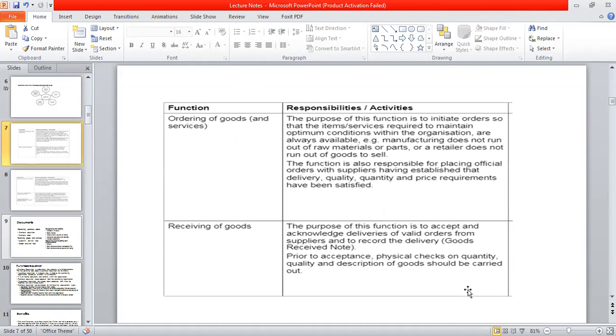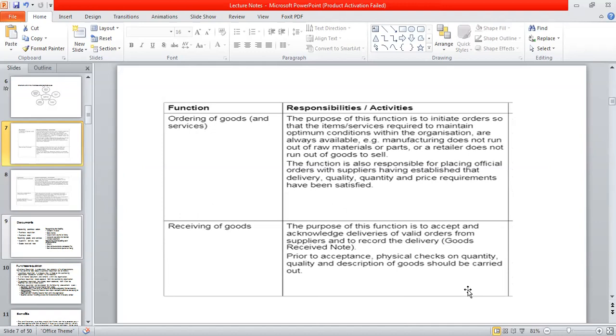So from the ordering of goods or service function, the key responsibilities or activities is to initiate orders so that the items or services required to maintain an optimum condition within the organizations are always available.